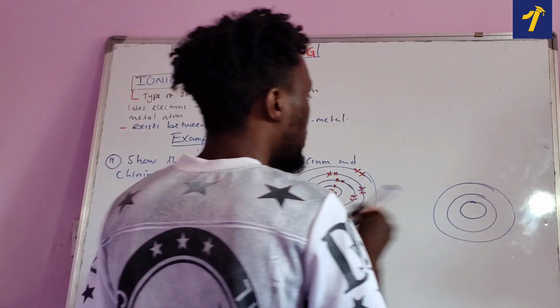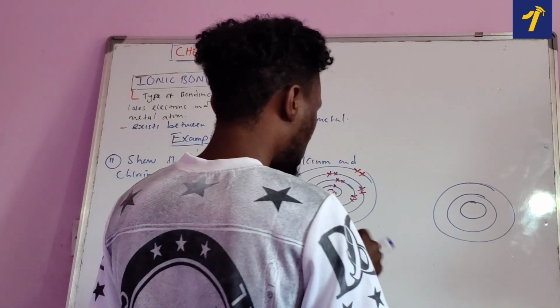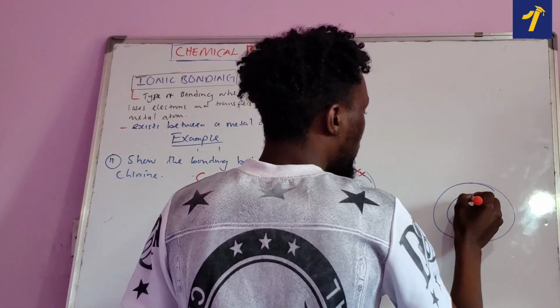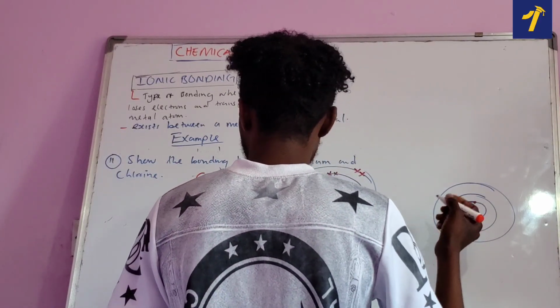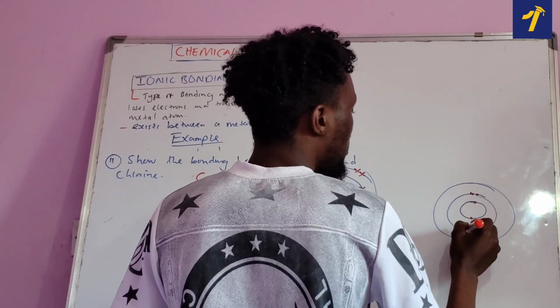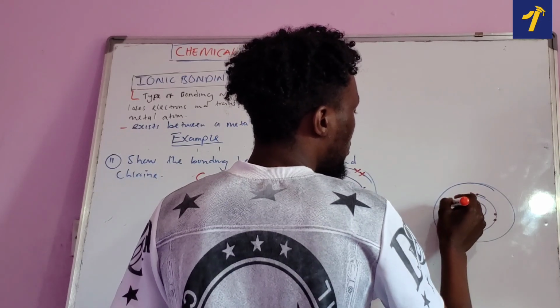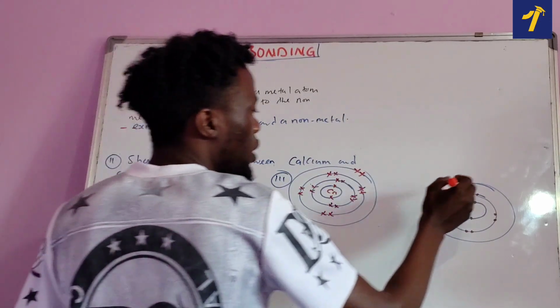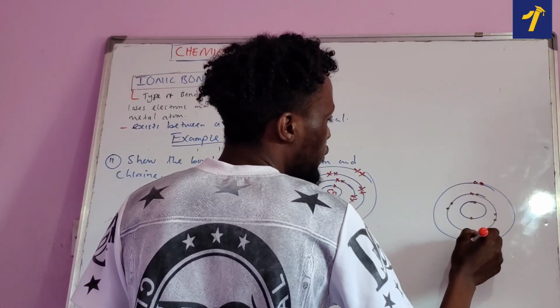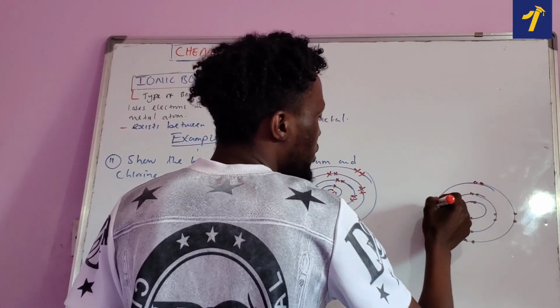So I'm going to use red again. 1, 2. In the second shell, we're going to have 8. Then in the last shell, we're going to have 7: 1, 2, 3, 4, 5, 6, 7, like that.